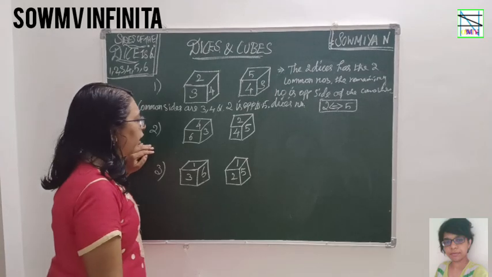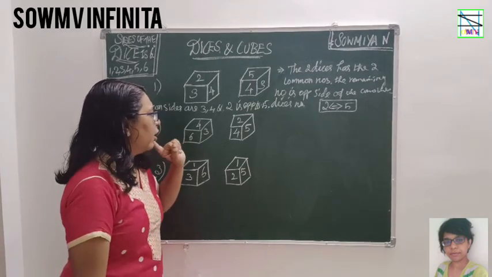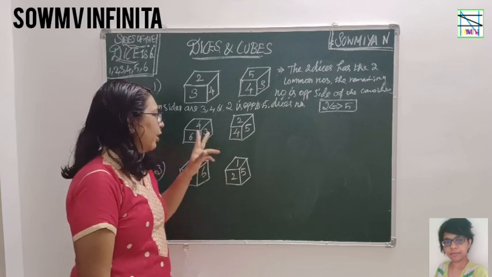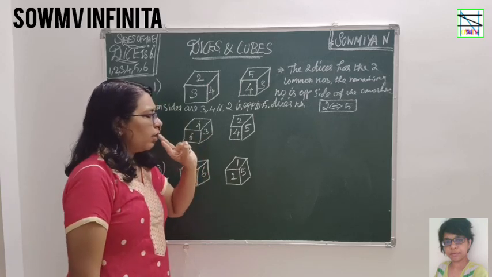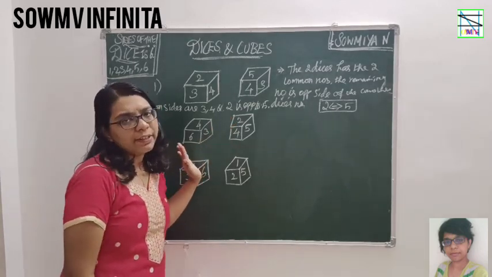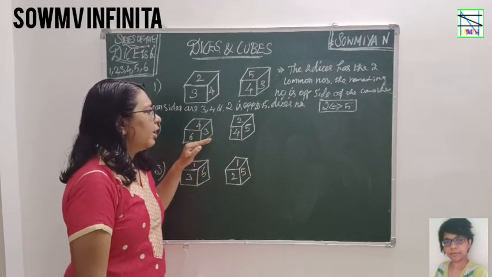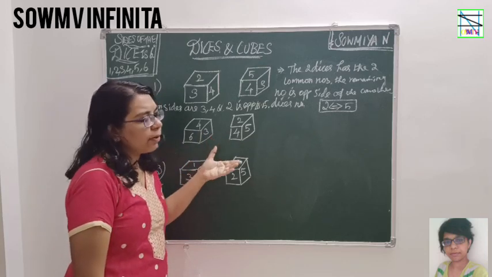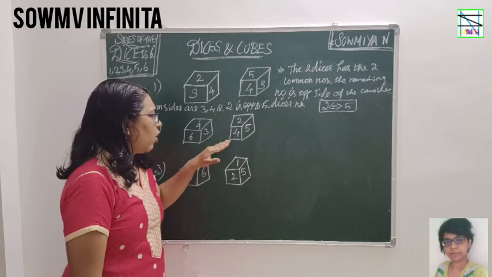The second condition: the two dice have one side in common. This number will be arranged in a clockwise or anti-clockwise order. Then you can arrange in that order and you will find the opposite sides.